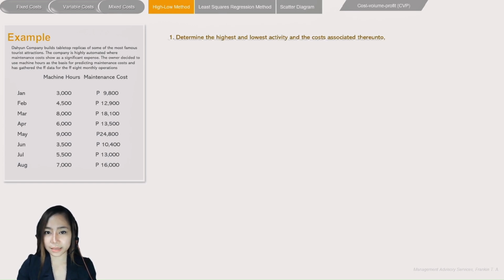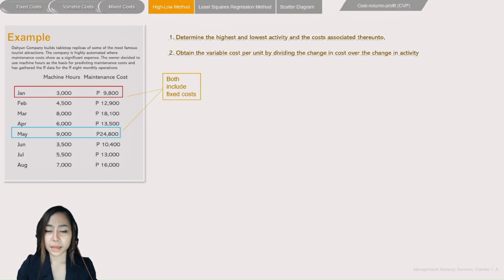First, determine the highest and lowest activity and the cost associated with them. In our illustration, the highest is 9,000 machine hours and the lowest activity is 6,000. Remember, both include fixed costs, and we do not know how much yet. Second, obtain the variable cost per unit by dividing the change in cost over the change in activity.